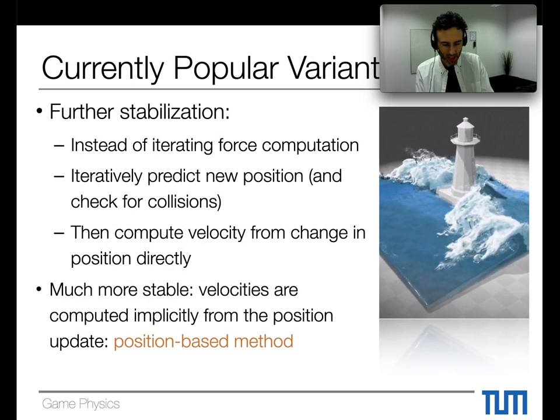Another variant that I want to mention that's actually quite popular and unfortunately beyond the scope of this lecture, but it's actually quite a cool method, is what's called a position-based simulation. So the key change here is that we go a bit away from the force calculations and instead take the viewpoint to compute new positions for each time step.